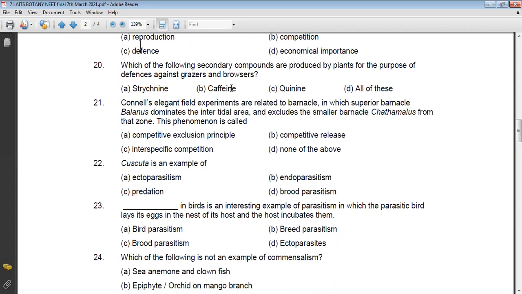Strychnine, caffeine, quinine. Remember, all these are secondary metabolites, and they are useful as a defense mechanism against browsers. Okay, so the answer will be all of these.